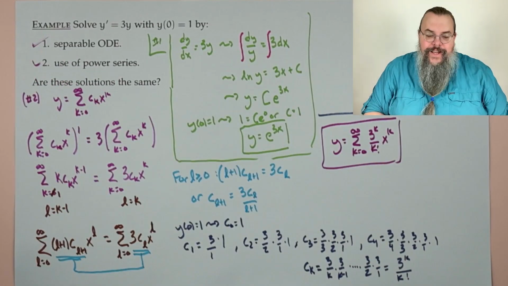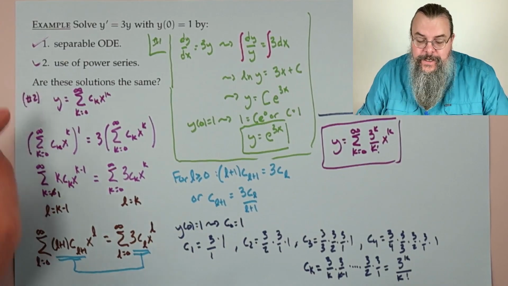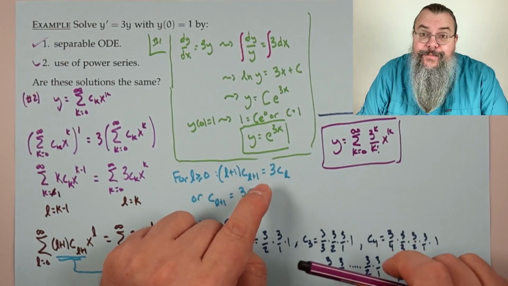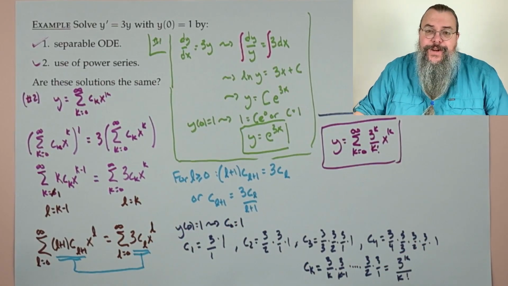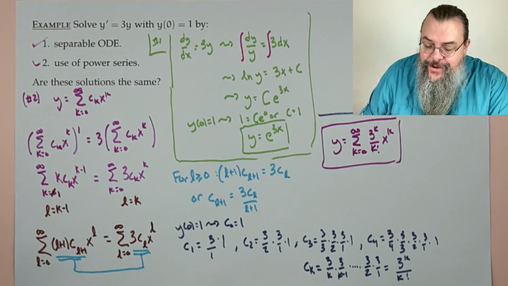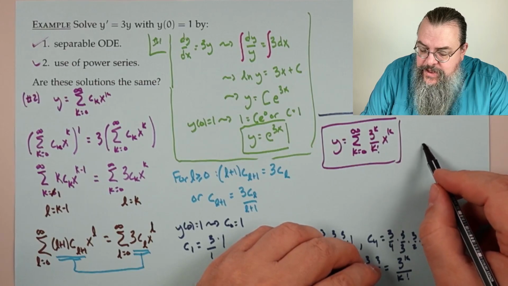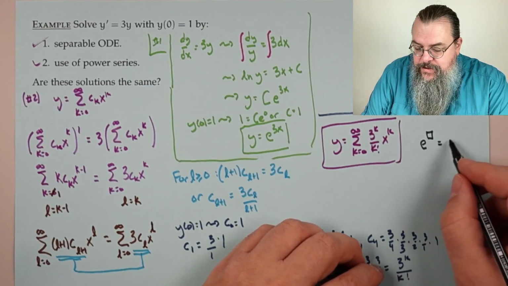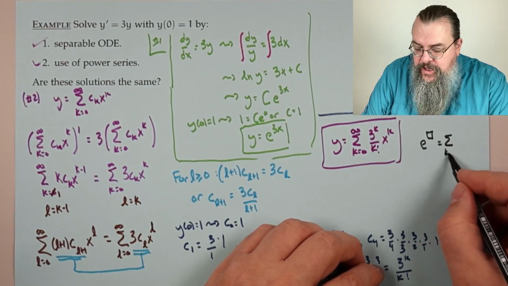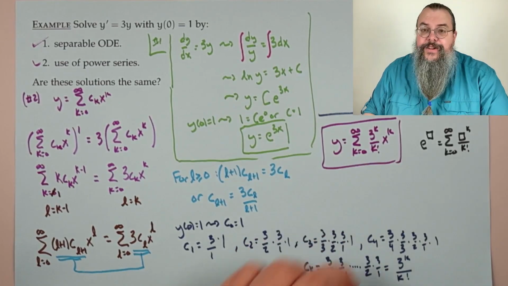All right. And now the question, are these the same? You might say, they don't look the same. How could they be the same? Well, we start going through our old notes and we say, there's this fun fact. E to the something is equal to the summation k equals 0 to infinity of whatever that thing is to the k over k factorial.